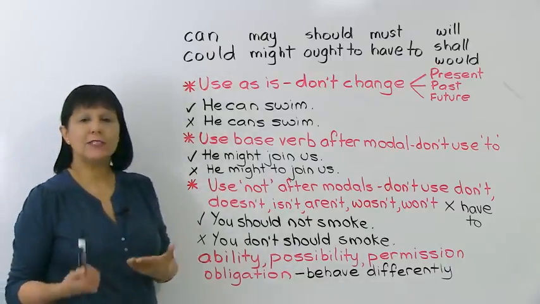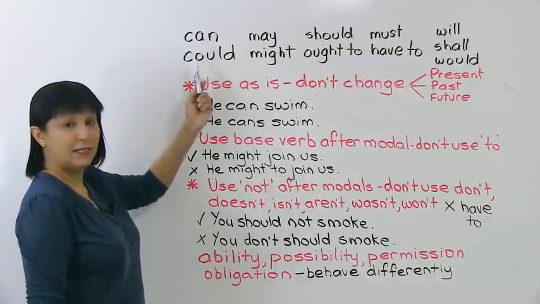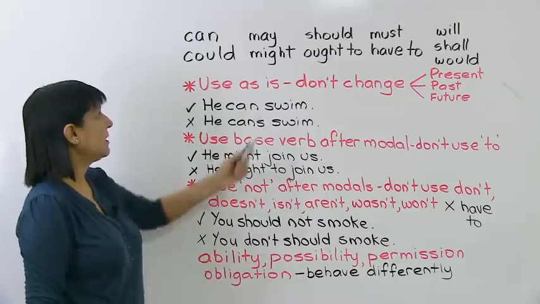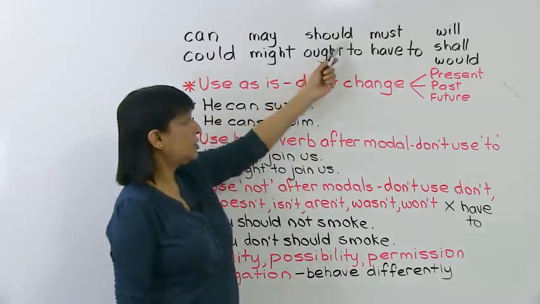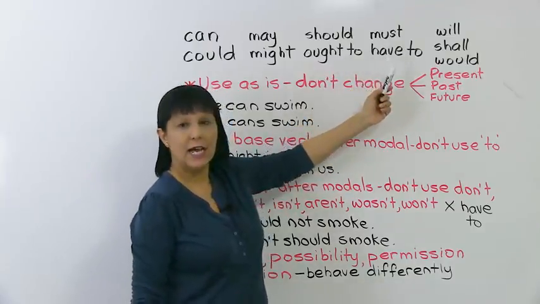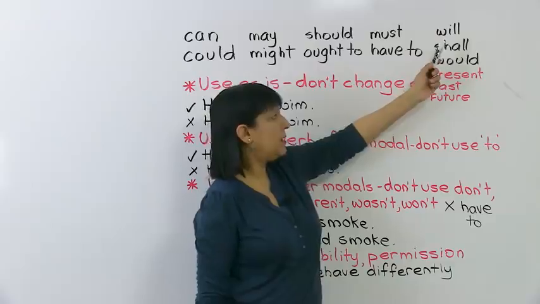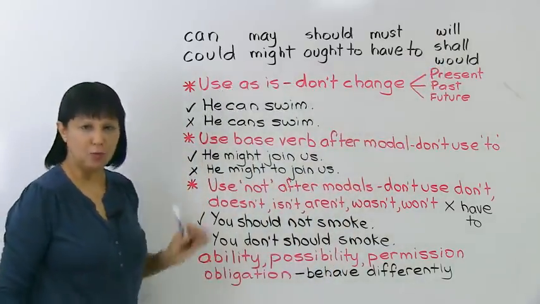But let's look at some examples of what modal verbs are: can, could, may, might, should, ought to, must, have to, will, shall, and would. Okay? These are the most common ones.